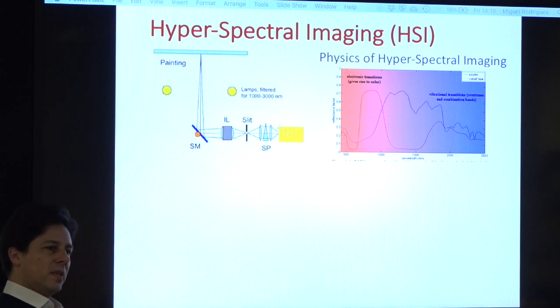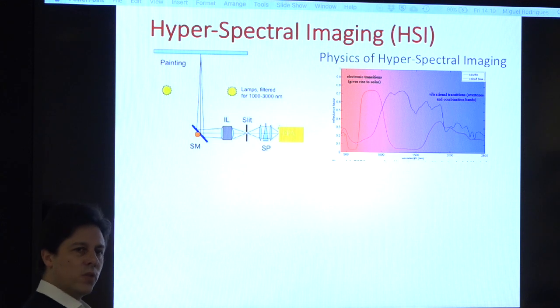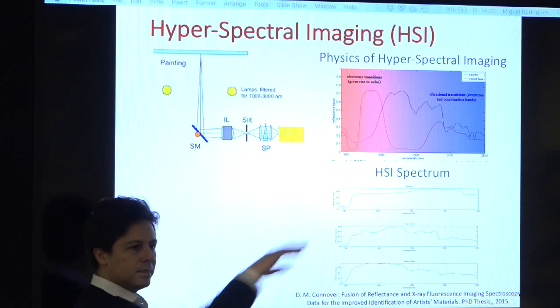Hyperspectral imaging uses infrared and below infrared light to try to understand the painting. It interacts with materials in diverse ways, in particular with their atomic structure, with the way that the different molecules vibrate. And the reflection that you're going to get back will depend on the molecular structure of the different materials. So again, this is going to produce spectra.